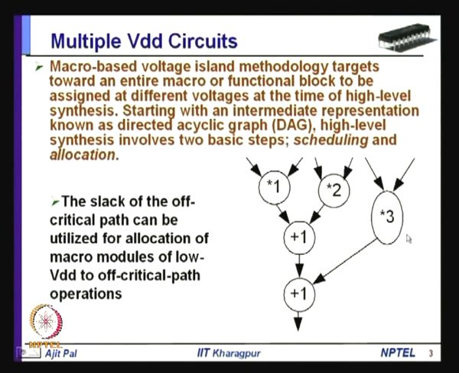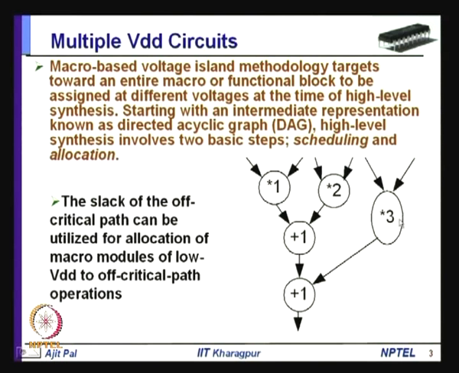However, you have another multiplier, multiplier 3, which can start computation in the first time step and has to finish before the end of the second time step. So, it has a slack. It can overlap the multiplication operation over 2 time steps because of the availability of slack in this off critical path.